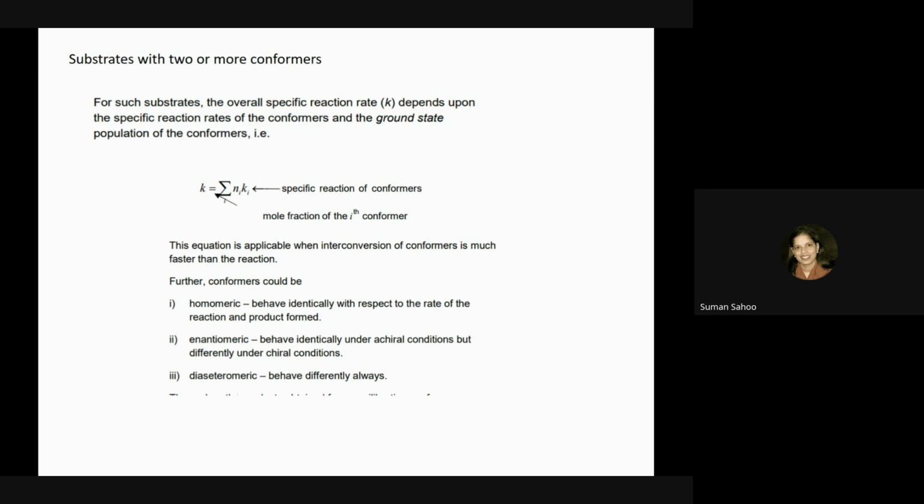Suppose we have two different conformers, conformer A and conformer B, with reaction rates Ka and Kb, and in the ground state we have Na of A and Nb of B. Then the overall specific reaction rate would be the summation of Ni Ki. This equation is applicable when interconversion of conformers is much faster than the reaction.